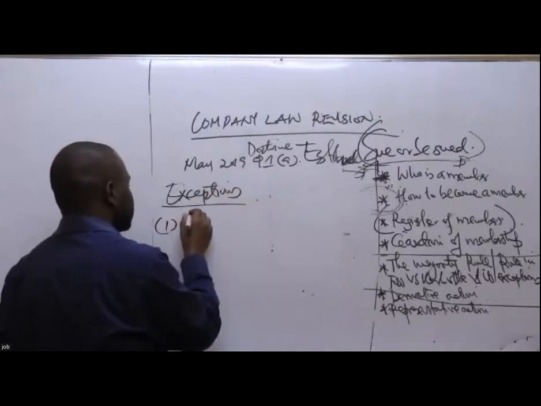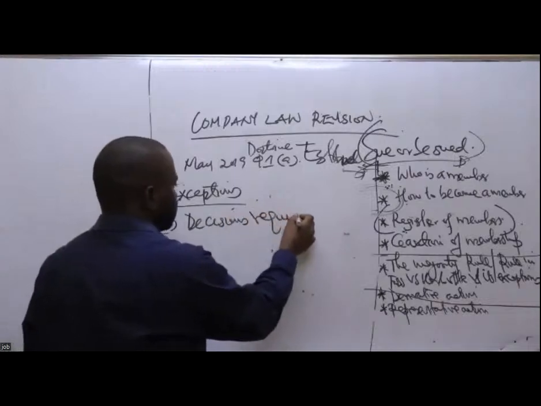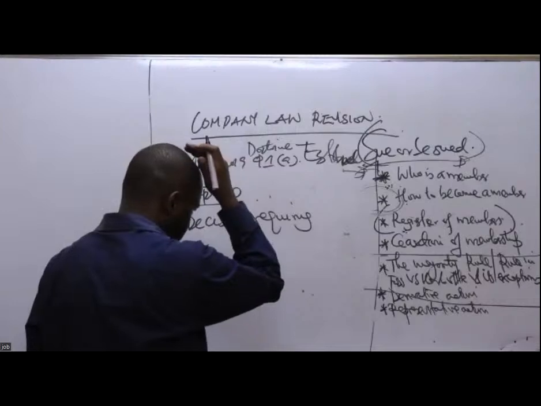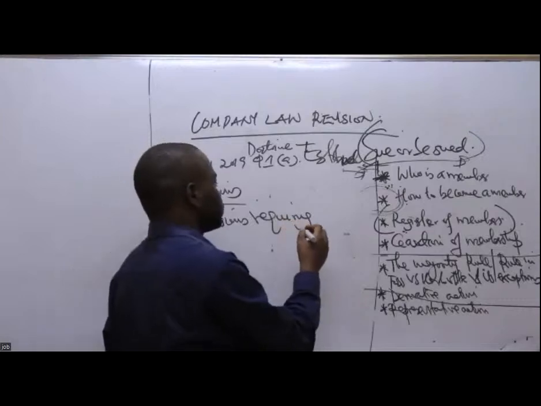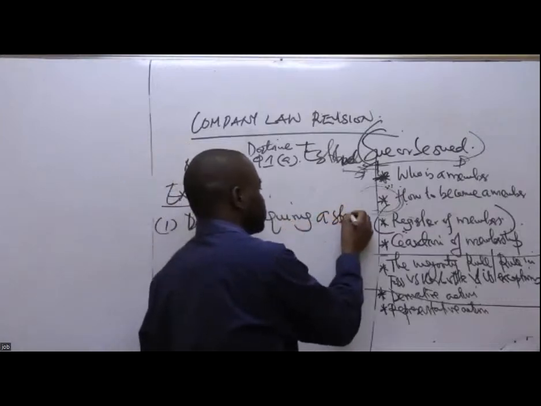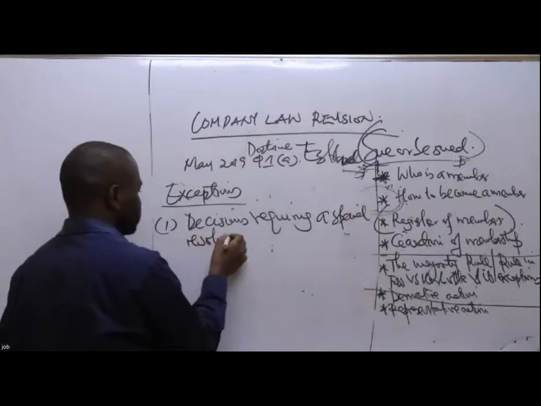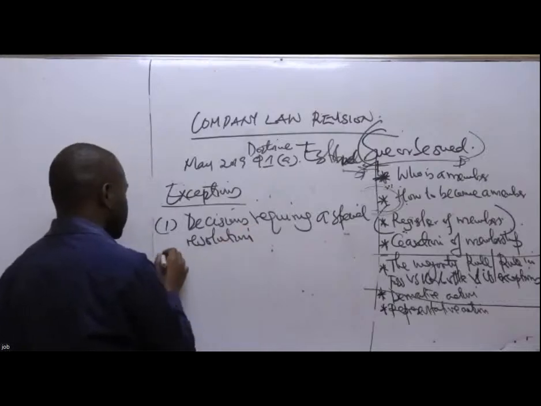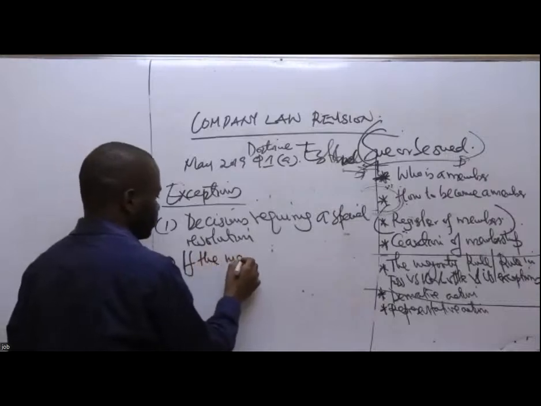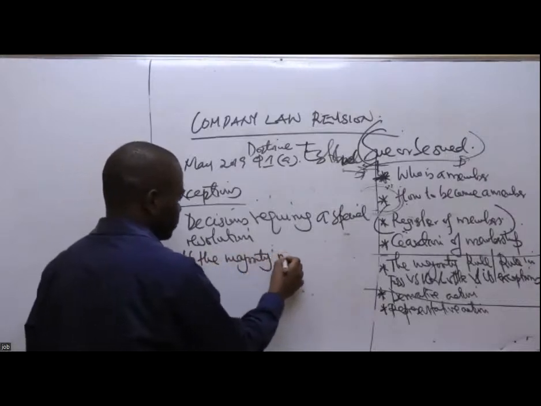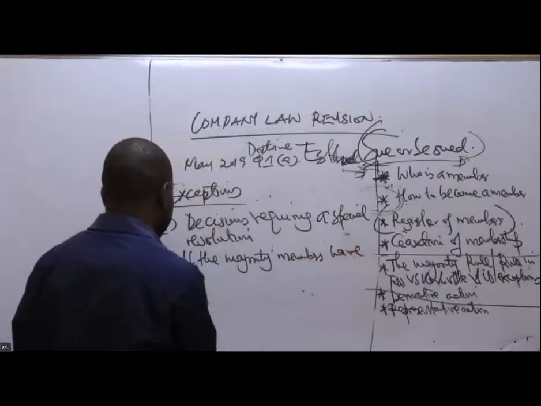Number one, decisions requiring a special resolution. Number two, if the majority members have acted ultra vires.